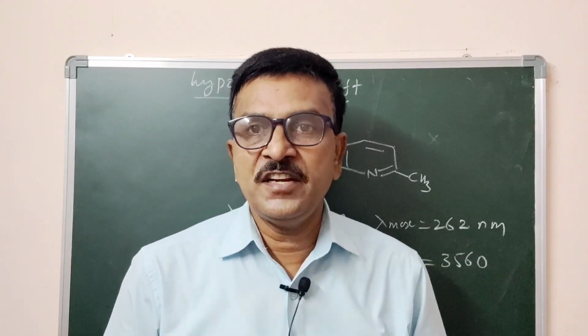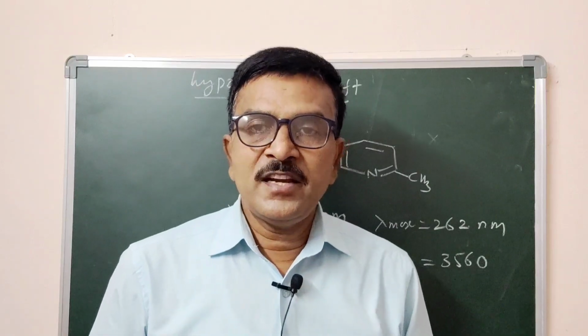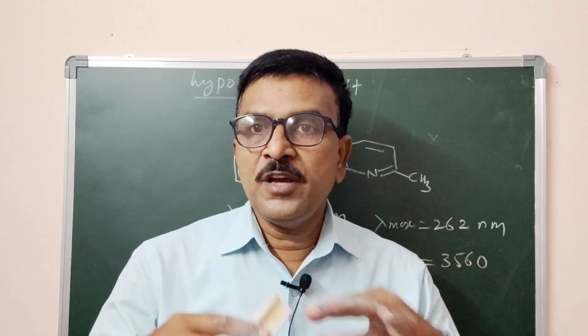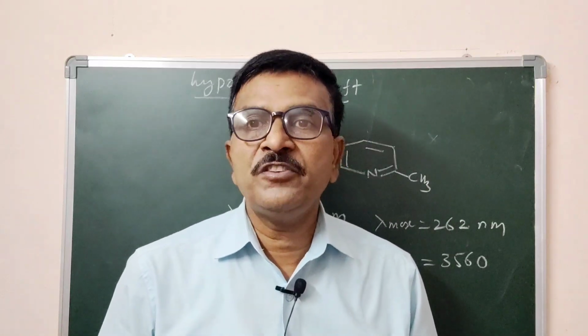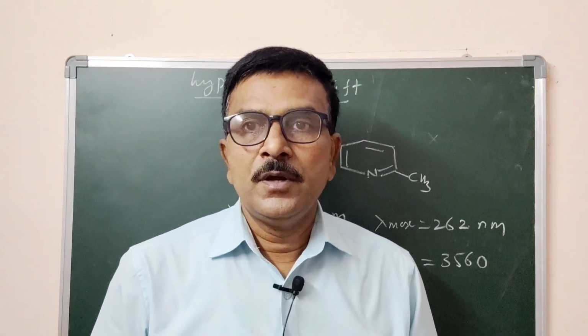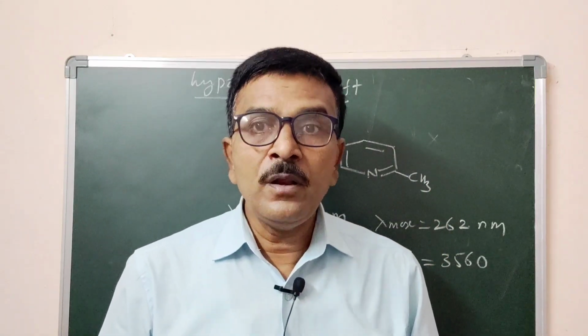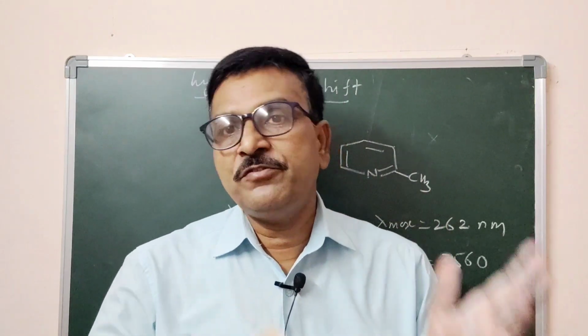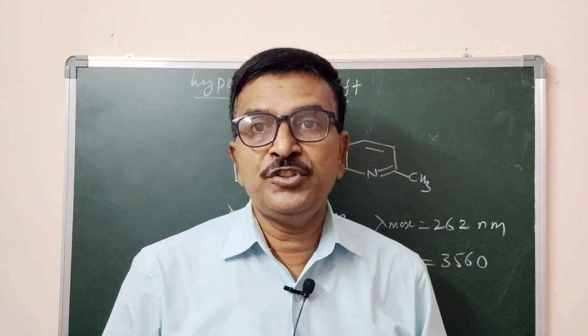Now coming to intensity shift. Introduction of oxochrome or extending conjugation, where the absorption maxima is shifted towards longer wavelength, is called bathochromic shift or red shift. Removal of conjugation or removal of oxochrome from the molecule, where the lambda max is shifted towards shorter wavelength, is called hypsochromic shift or blue shift.